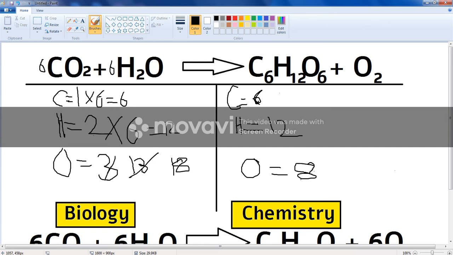Now C is balanced, H is balanced, O is not balanced. So to make O balanced, let us see what we have to do. On the other side, that is the RHS, you can see there are two O in different compounds. If you made any change in the first, that change will also be made in carbon and hydrogen.